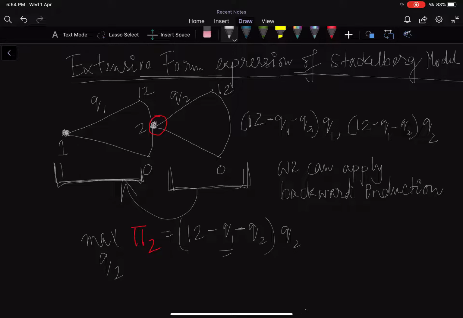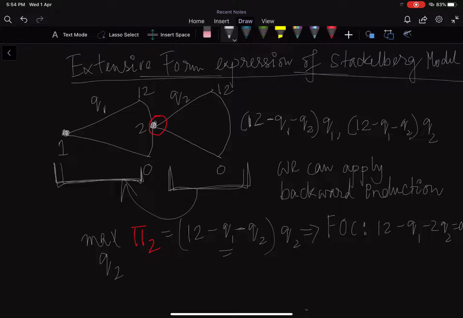So then what is the first order condition? If you take the derivative of this expression with respect to q2, you will get 12 minus q1 minus 2q2 equals 0.